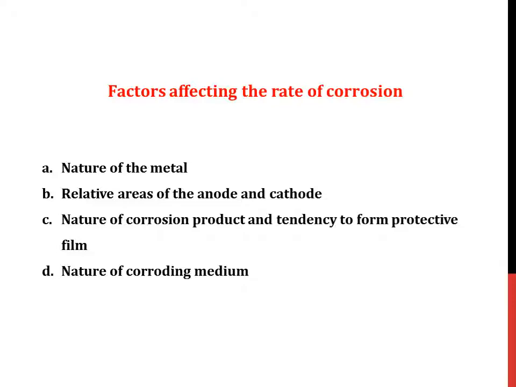In detail, we have various factors such as nature of the metal, relative areas of anode and cathode, nature of the corrosion product and tendency to form a protective film, and also the nature of the corroding medium, and the environmental factor also influences here. We will discuss all these factors in detail in our next slide.